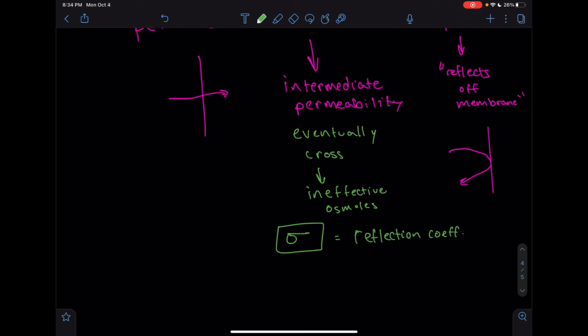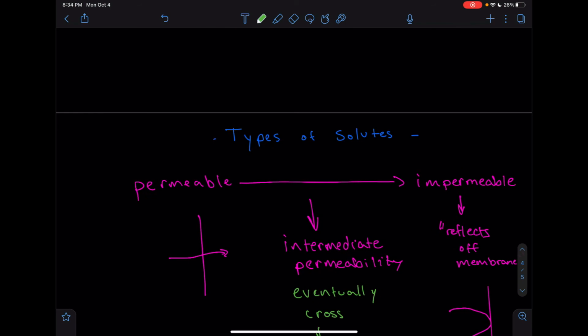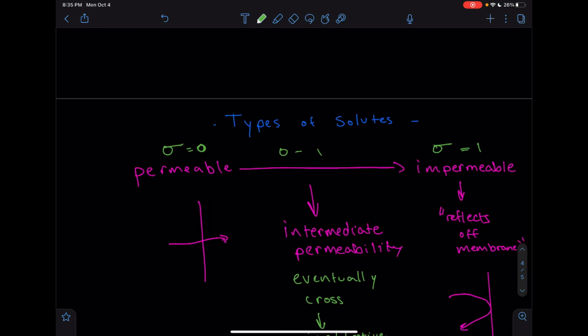Actually, I'll move up here when I do this. If you have sigma equal to 0, that means it's super permeable. If you have sigma equal to 1, that means it's not permeable. Anywhere between 0 and 1, it's intermediate permeability, and these are the ineffective osmoles.